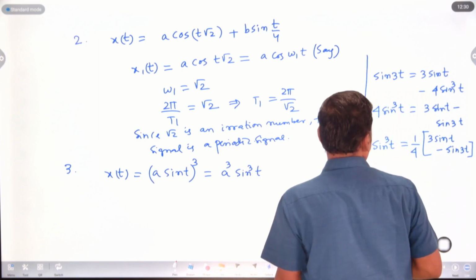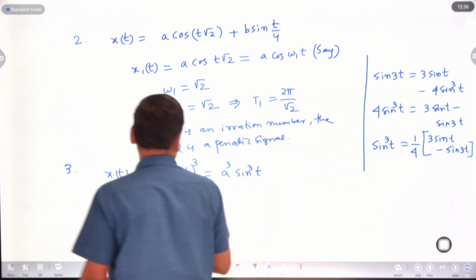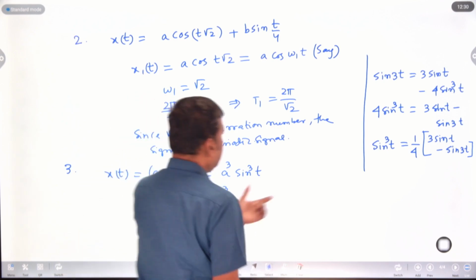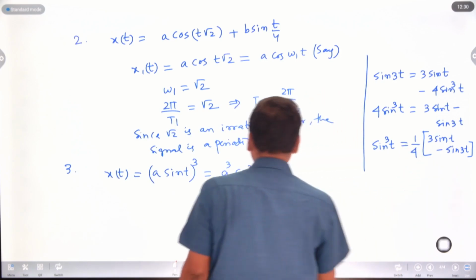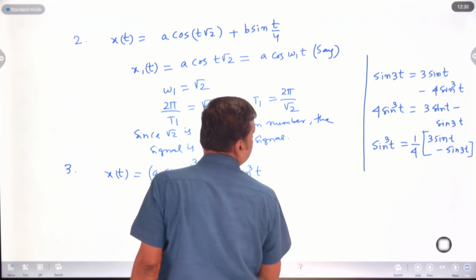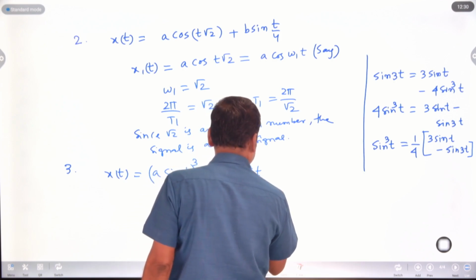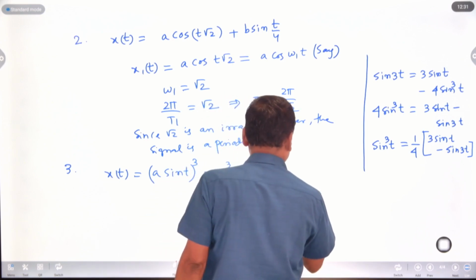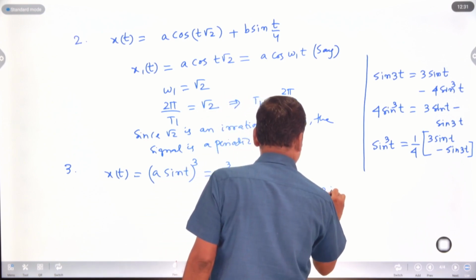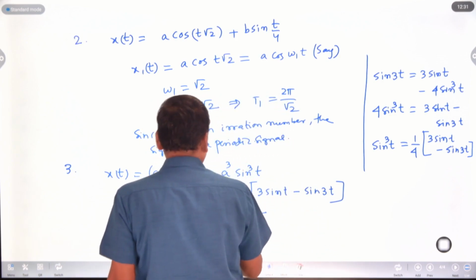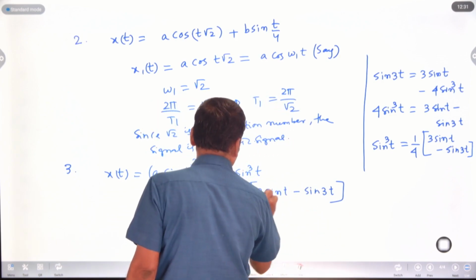So we can say that it is a cube by 4 into this.